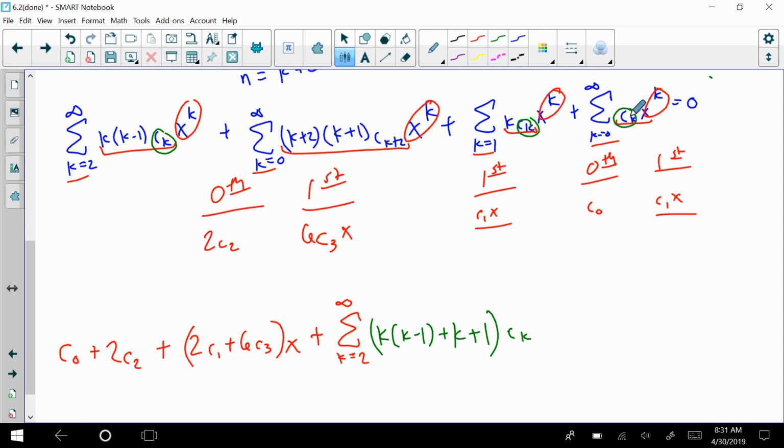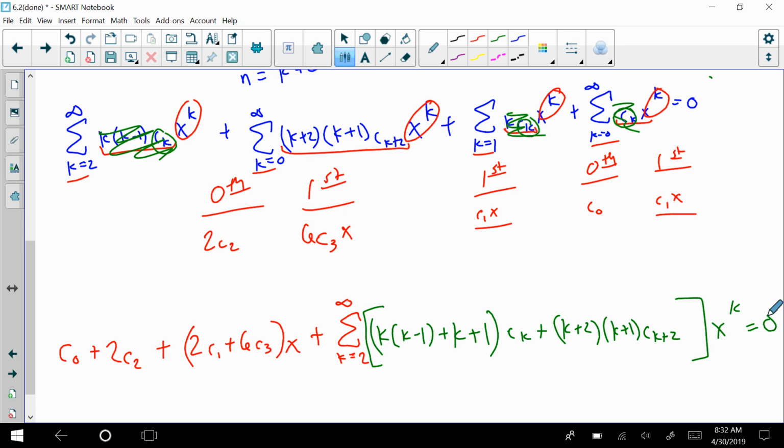So I've talked about this section and this section. I don't have this one, so I have to put plus, k plus 2 times k plus 1, and then that's c sub k plus 2. Now, all of this has x to the k, and then we have it equal to 0.